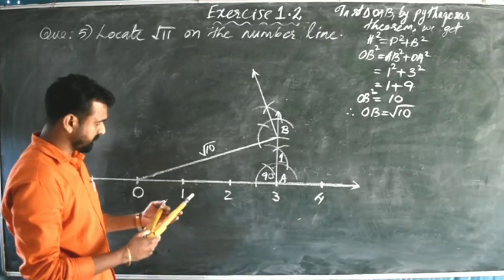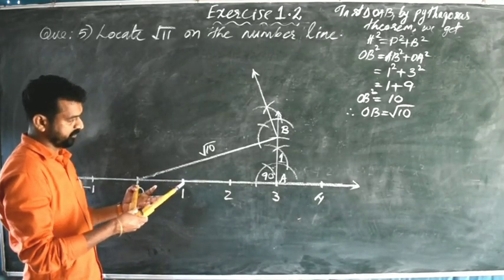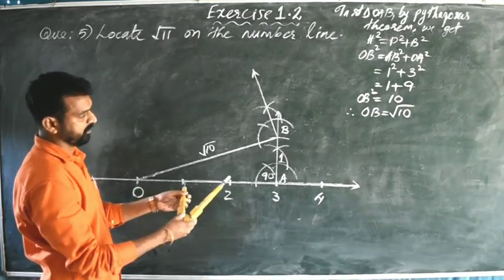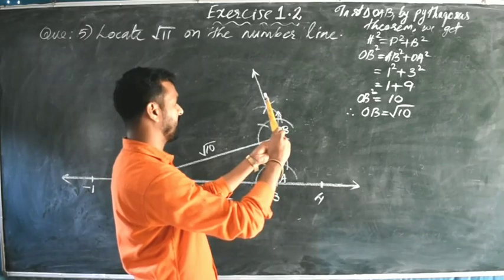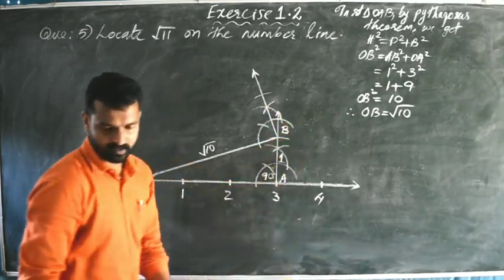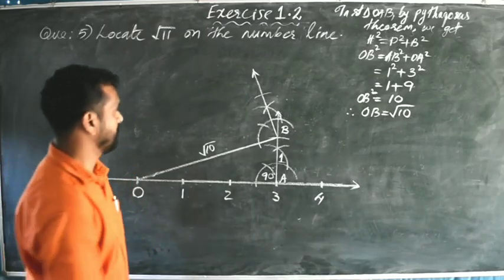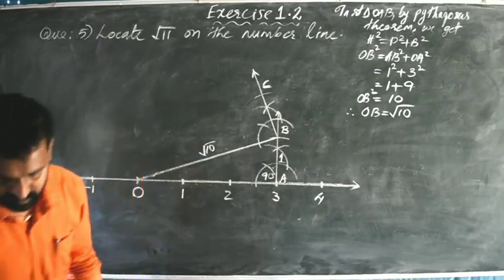Now take your compass and measure this 1 unit. This one is the 1 unit, and here the same thing, AB also we made 1 unit. That same we will mark here also on this perpendicular. Mark that point here. Then mark it as point C. Now join this OC.